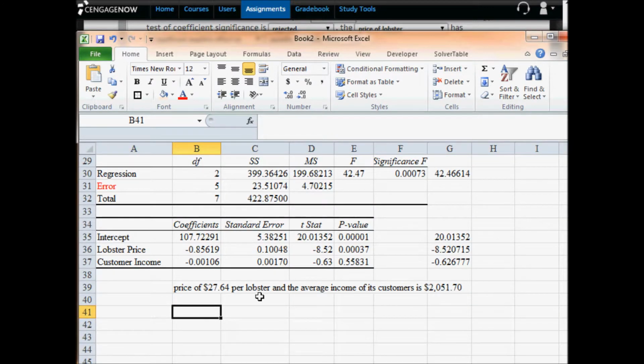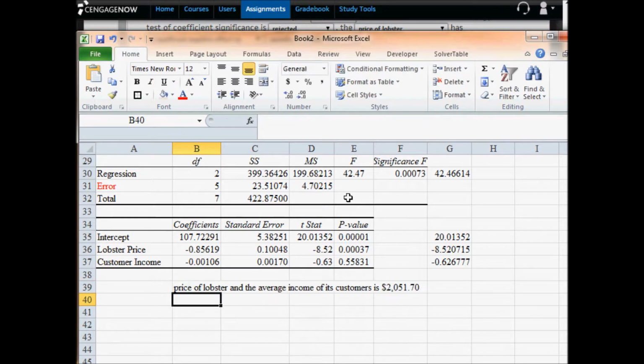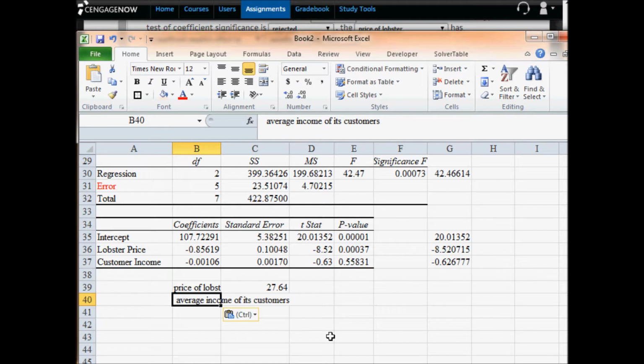We have to compute a predicted value where the price is 27.64, and average income of its customers is 2,051.7.